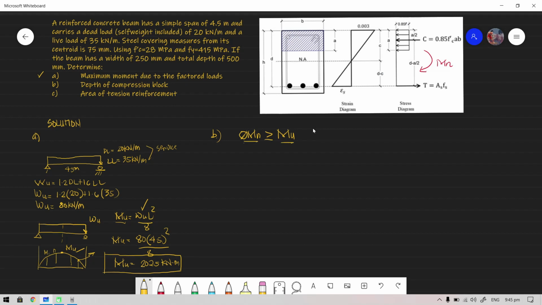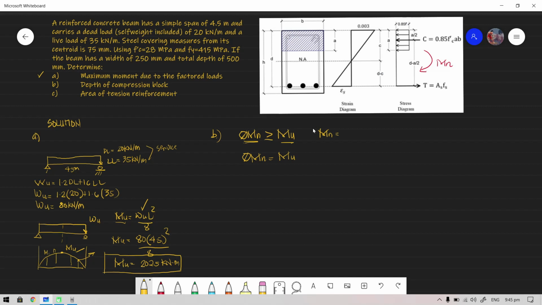Kumbaga, the design strength of the section should at least equal or greater than the expected load. Okay, para safe yung design natin, i-equate natin siya sa MU. Okay, so meron na tayong φMn. Now, the problem is, ano yung gagamitin mong formula? So, meron tayong formula for Mn.